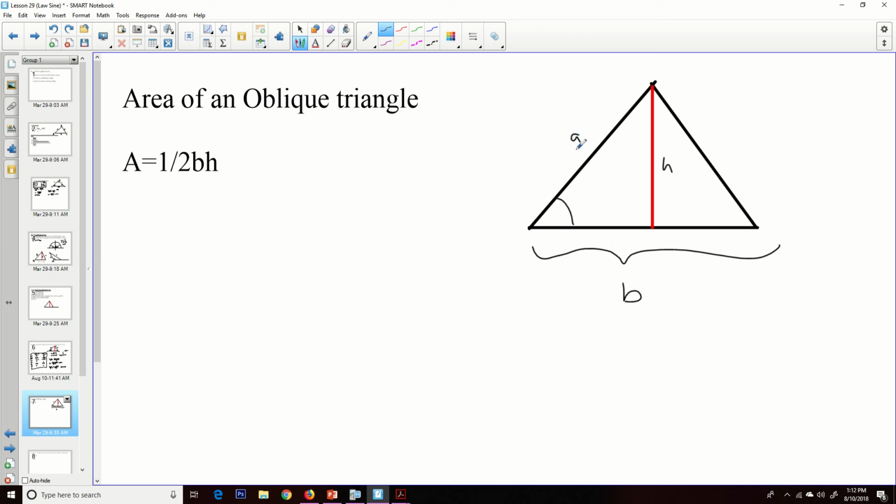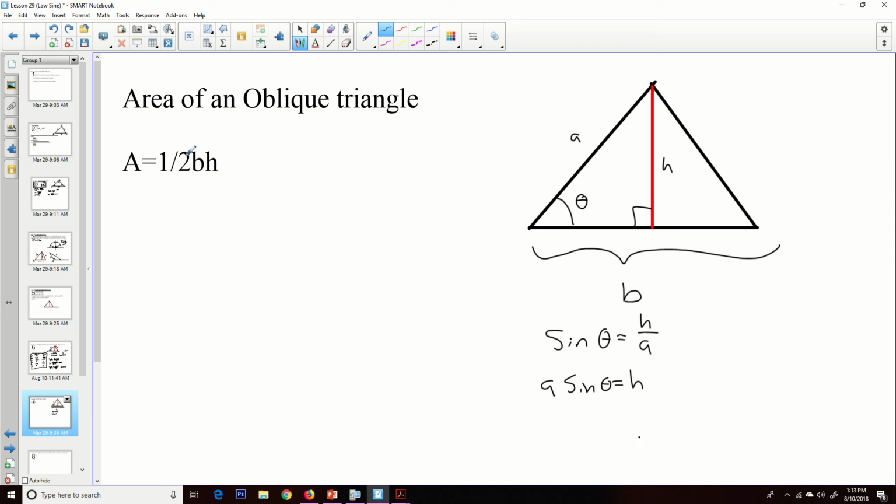So if I know what a is, and I know what this theta is, I can say that the sine of theta is equal to the opposite side, this height, over a, which would be the hypotenuse. And so I can solve for h by multiplying both sides by a. a sine theta is equal to h.